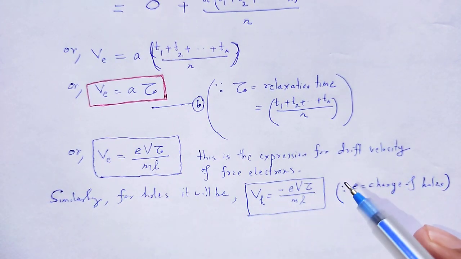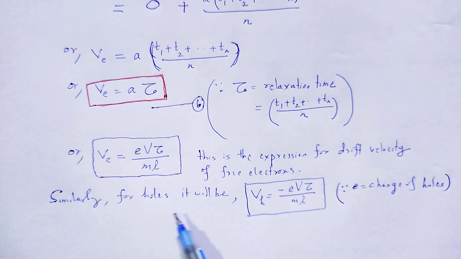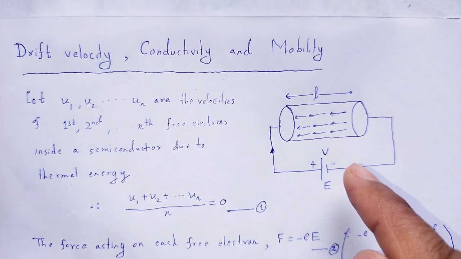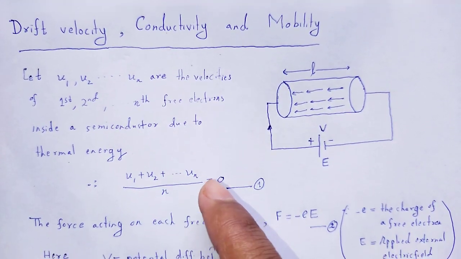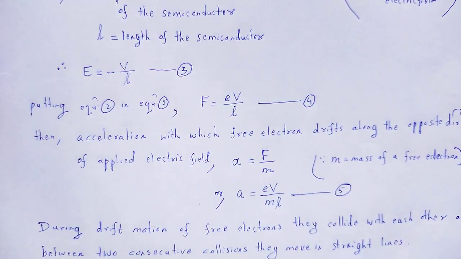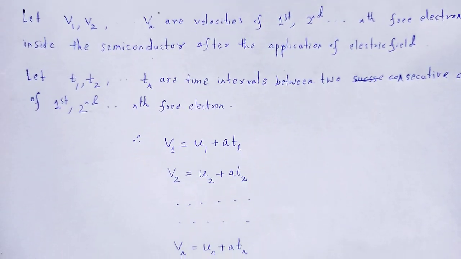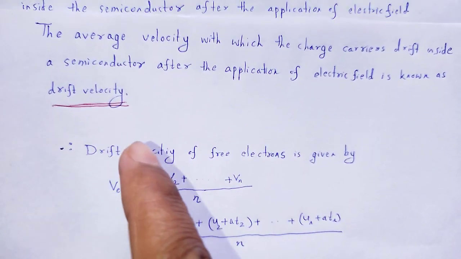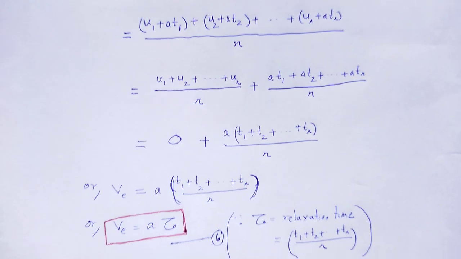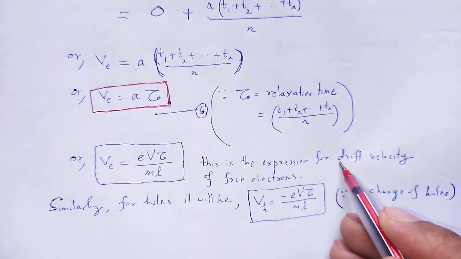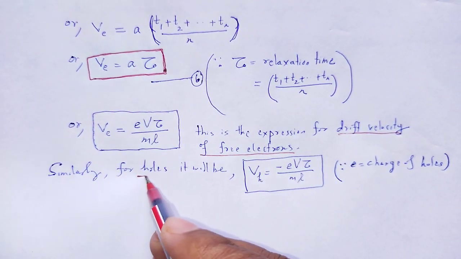These two are the mathematical expressions for drift velocity of electrons as well as holes. We derived them by taking a semiconductor in the initial state where the average velocities are 0, then applying an external electric field, so drifting occurs and the velocity changes, and the average of that velocity is nothing but the drift velocity.